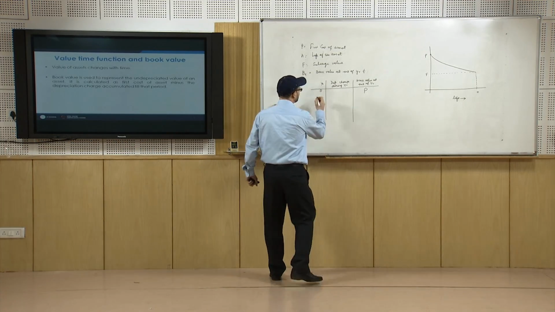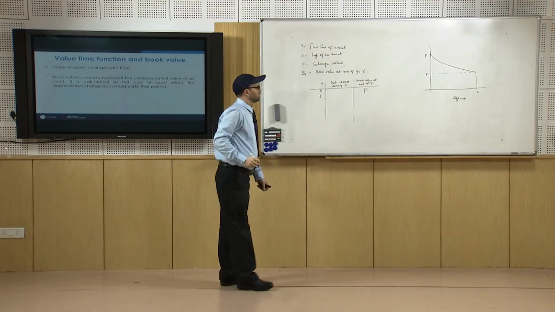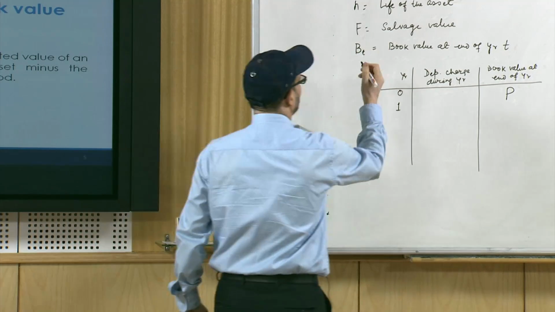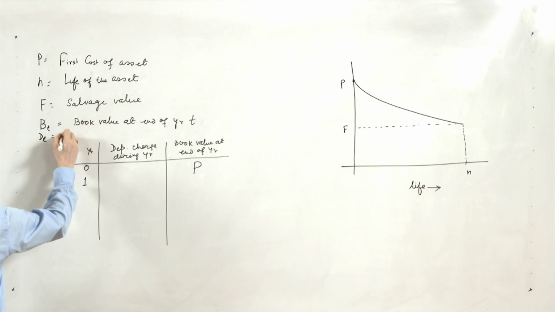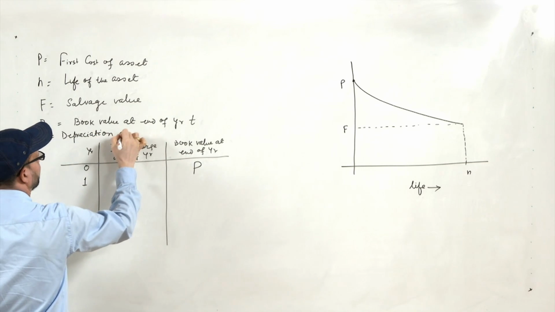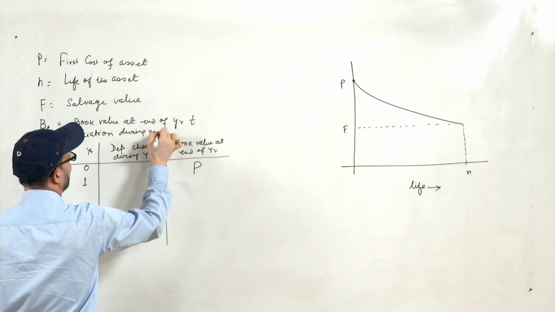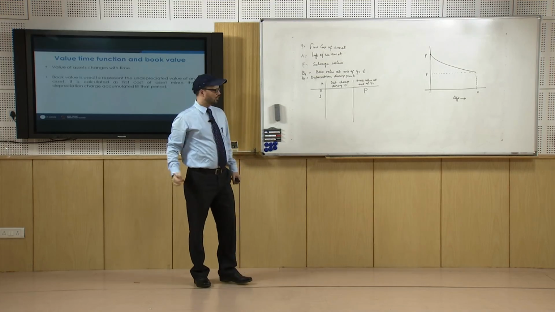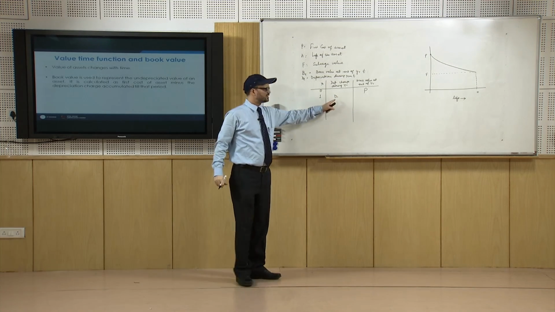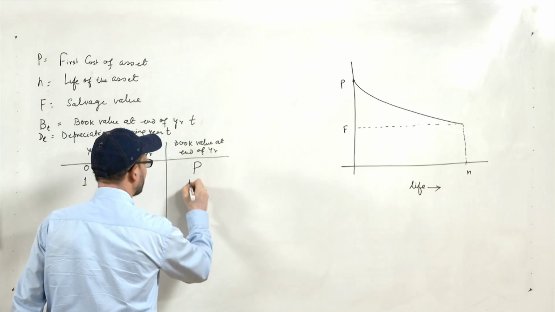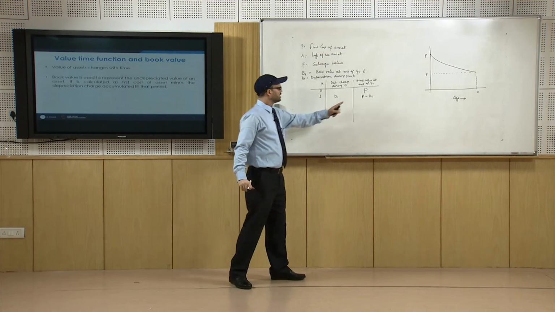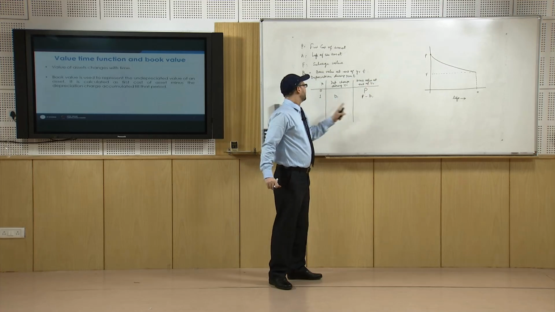Now let us see the first year. We can assume that the depreciation during any year t is dt, the depreciation during year t. In the first year the depreciation is d1. Once you have depreciation d1 during the first year, the value becomes P minus d1. This P minus d1 is the book value at the end of year 1.